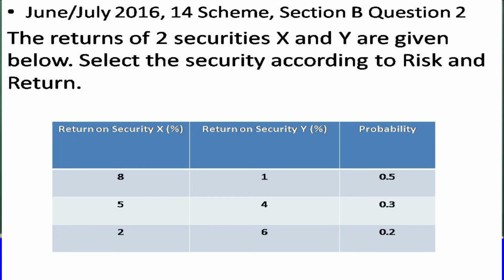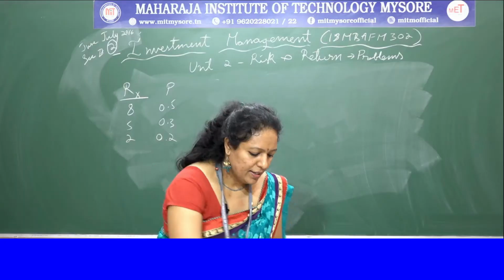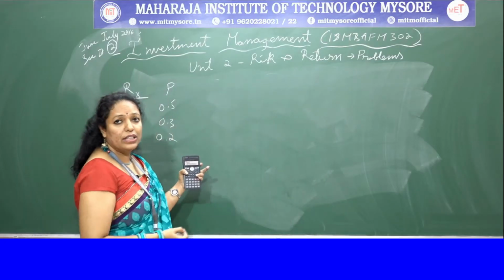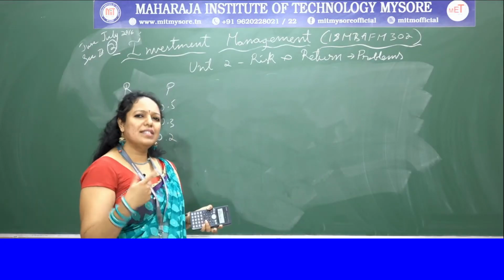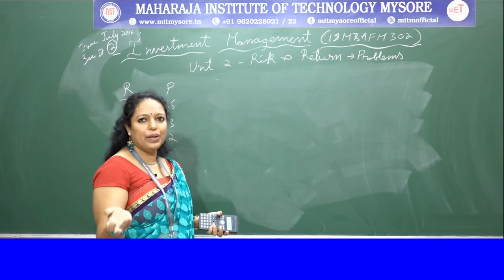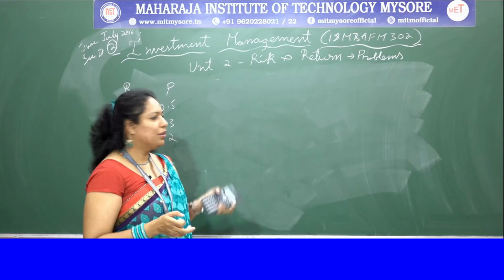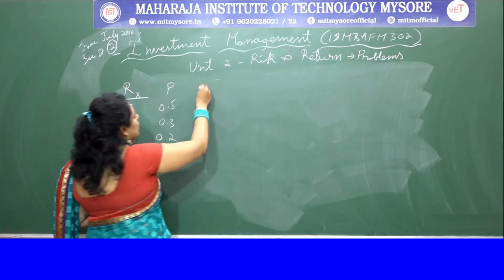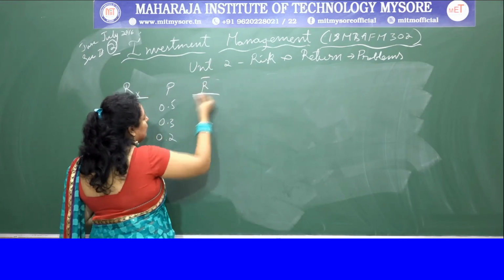Probability of the same security is 0.5, 0.3 and 0.2. Okay. So the same process which we have followed in the last problem, same we have to do, R minus R bar square into P, the same thing, and root we have to apply. So for that R bar we have to calculate.